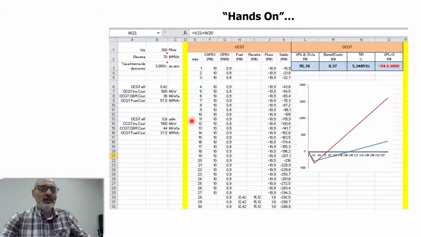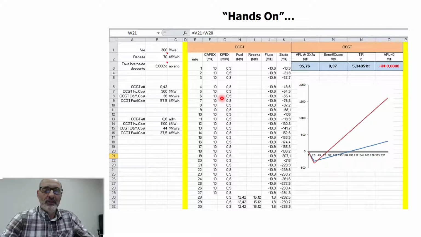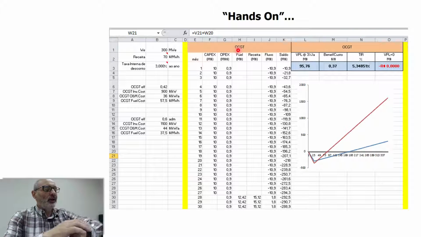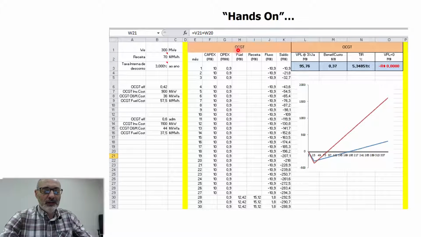I can post a link to this spreadsheet on our Facebook page if you want to play with these numbers. I'm not going to have time today. I still have a lot of things to show you. My intention was to build this spreadsheet with you from scratch, but I'm going to do that on some other occasion, and I'm going to broadcast it through YouTube.